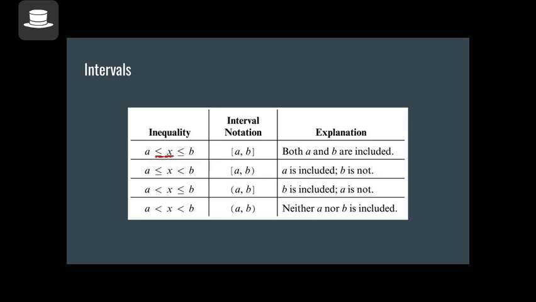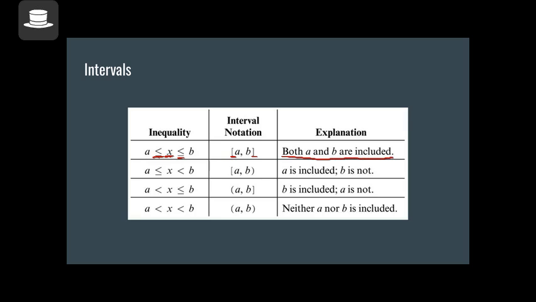So when I see something that has a less than or equal to sign, so if I see this little equal sign underneath, then I want to use a bracket, okay? Because I am saying in this interval notation category in the middle column that a is included, so the bracket includes the left value, the right bracket includes the larger value of b, so x here could be a, could be b, or could be anything in between. So the explanation is that both a and b are included.